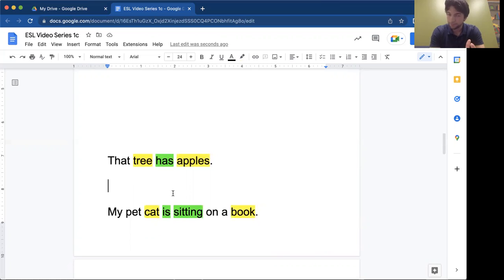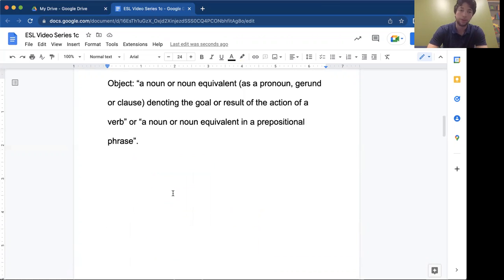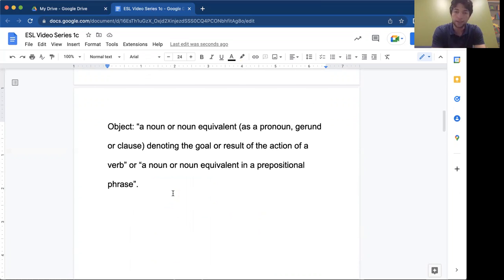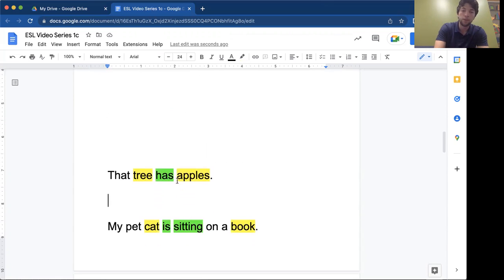And then the object. How do we find what the object is? So we go back to the definition of what an object is. Our first definition: a noun or noun equivalent as a pronoun, gerund, or clause denoting the goal or result of the action of a verb. So we have our verb here. And what is the result or action of having?